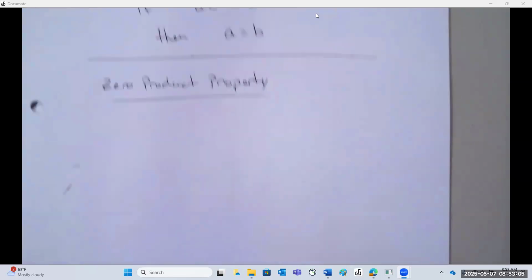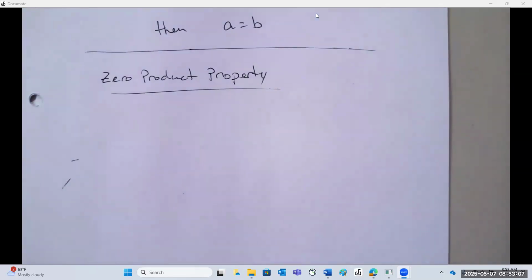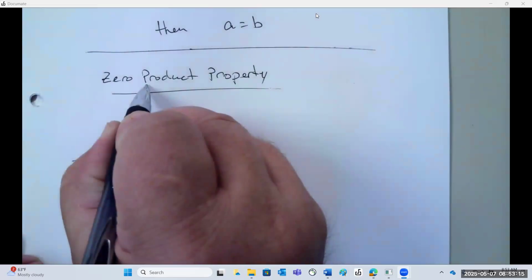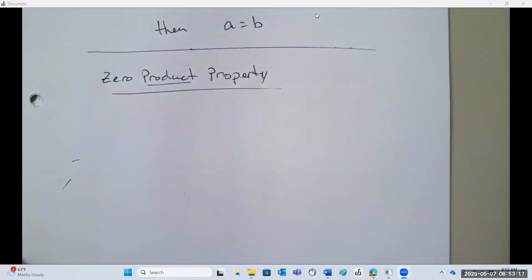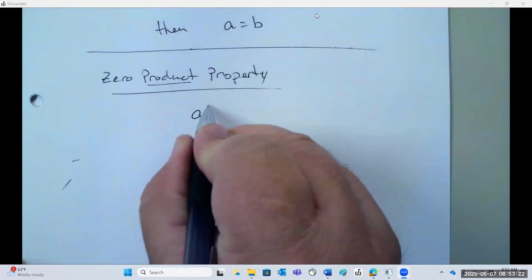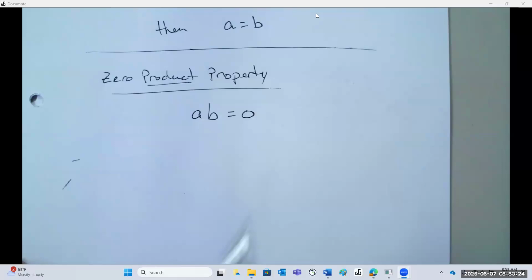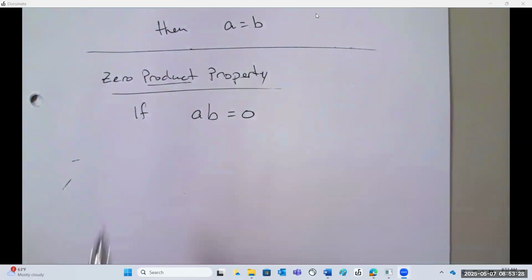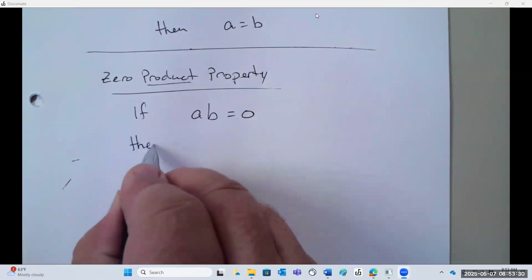The zero product property, a very, very powerful tool in algebra or mathematics in general. What it's saying here: what does product mean? Yes, exactly. So if I have A times B is equal to 0, then what has to be true?